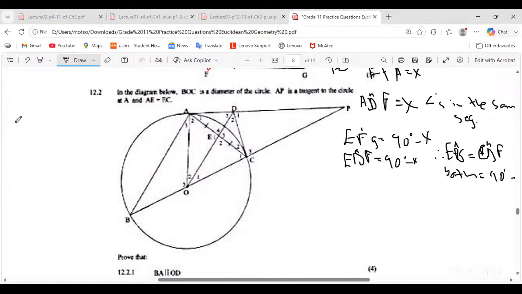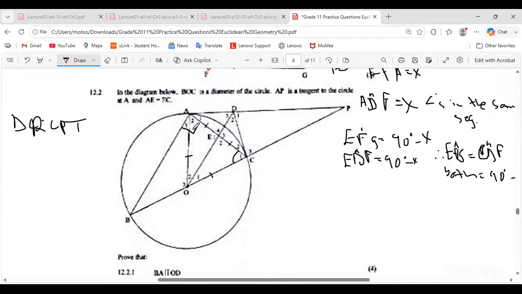Now, we can go for the technique DRCPT. This is the diameter. That diameter subtends this 90 degrees angle here. This is the radius, that is the radius. OA is equal to OC.